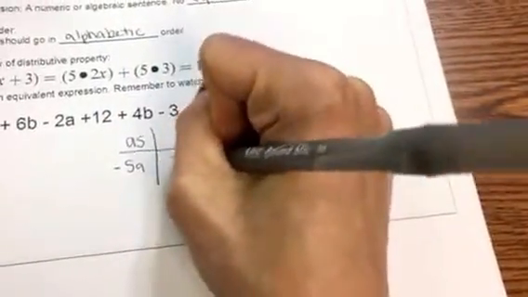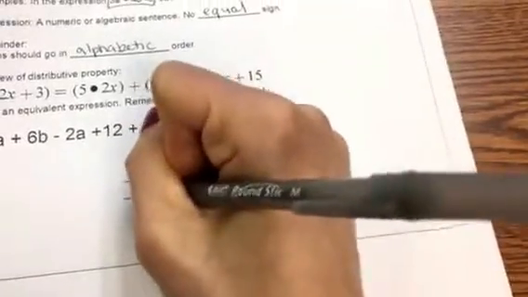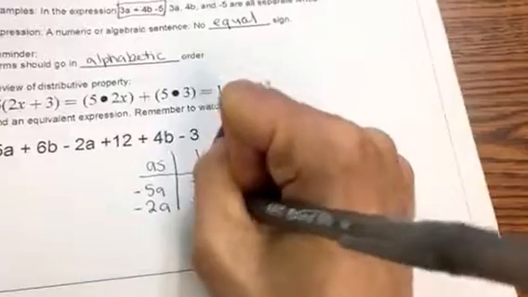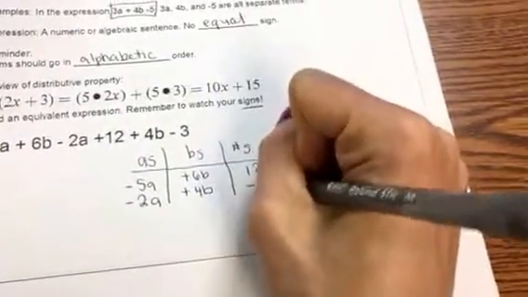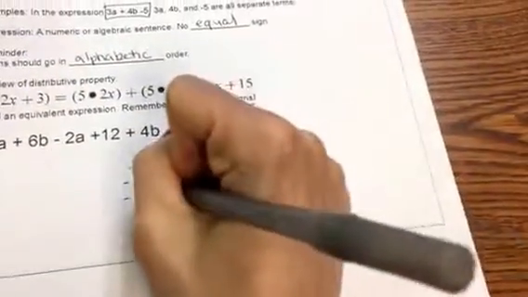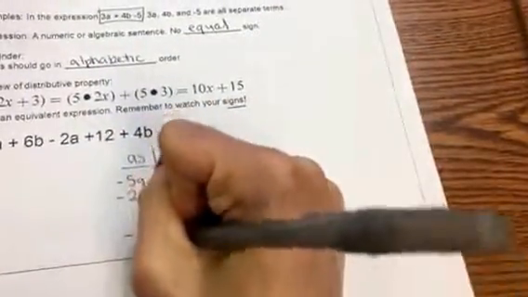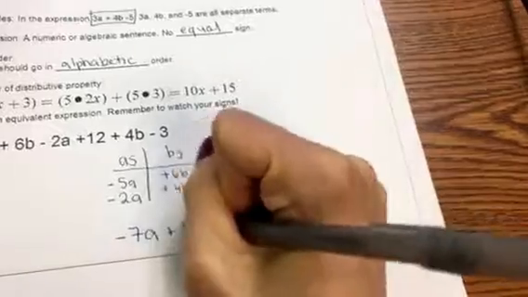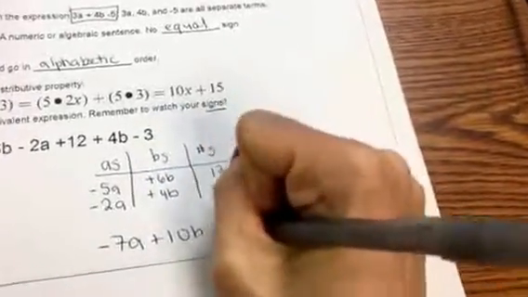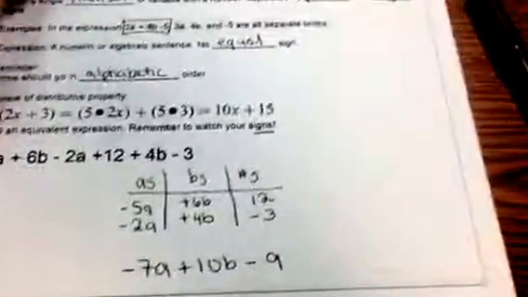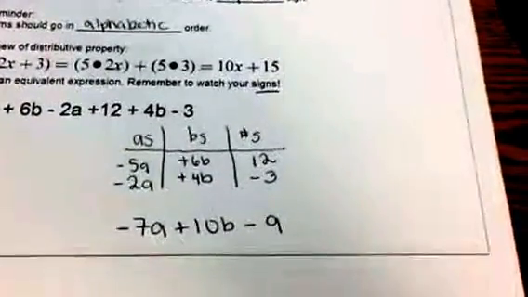So I have negative 5a, positive 6b, minus 2a, 12, plus 4b, minus 3. So if I have a negative 5a and a negative 2a, altogether I have a negative 7a, plus 10b, minus 9. Okay, so this is the review of kind of up here what we did last year in algebra, this is what we did last week, and then this is what we did yesterday.